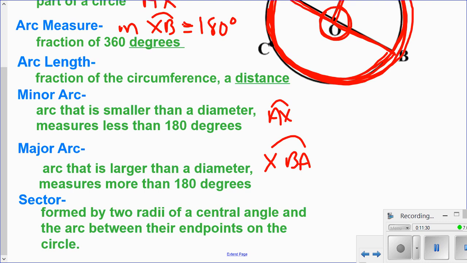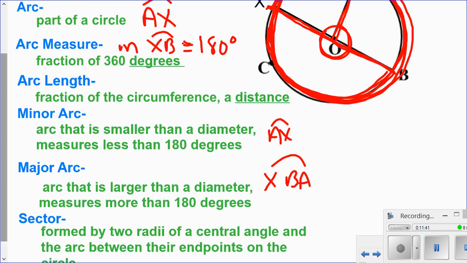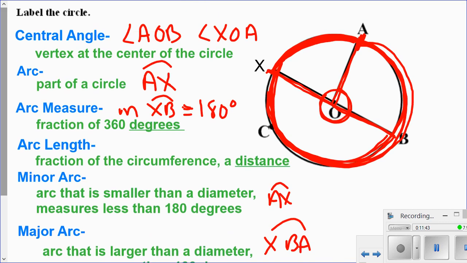A sector. So a sector is formed by 2 radii of a central angle and the arc between their endpoints on the circle. Now that sounds very confusing, but let me go back to our diagram here.